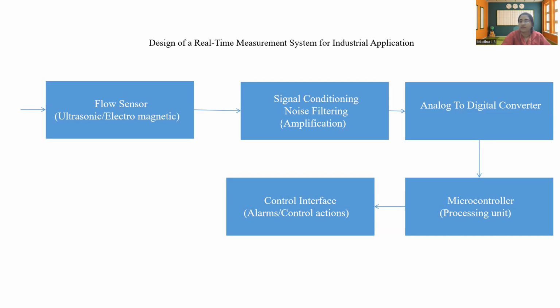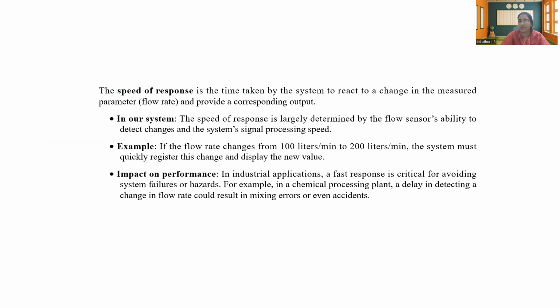So here, what are the dynamic parameters and how will they have an impact on the industry? First, what are the dynamic characteristics? The first parameter is speed of response. It is the ability of the sensor.